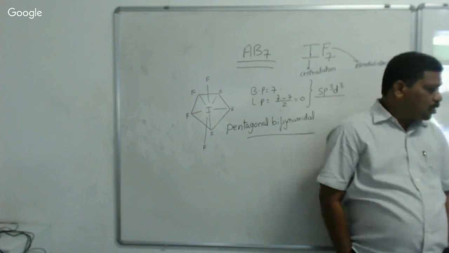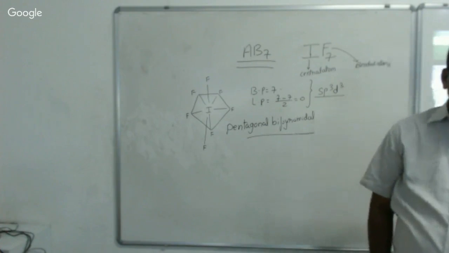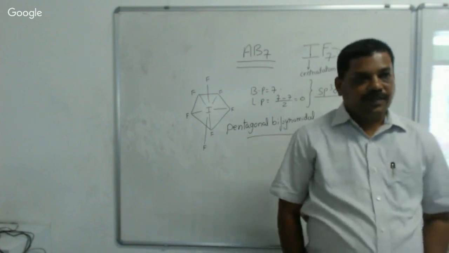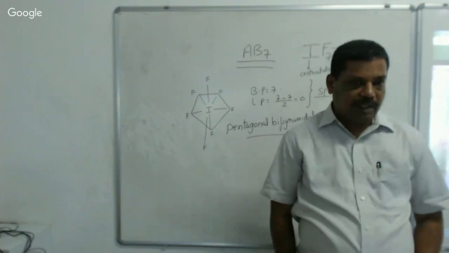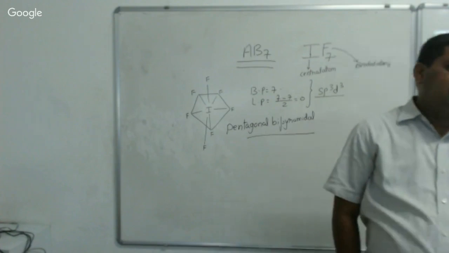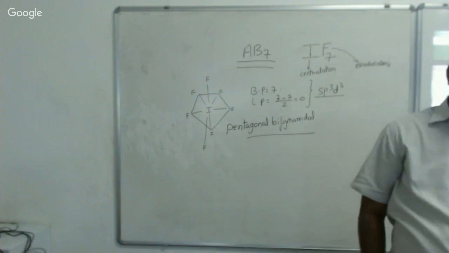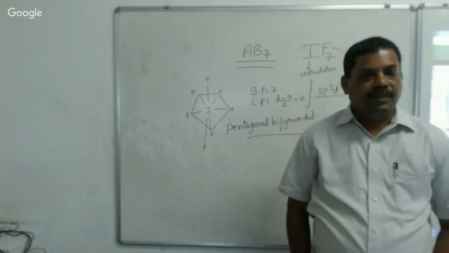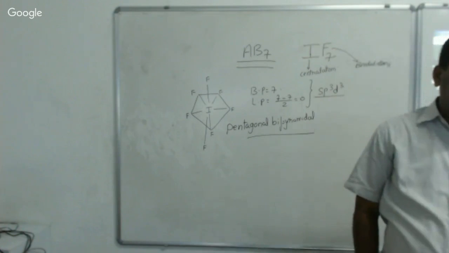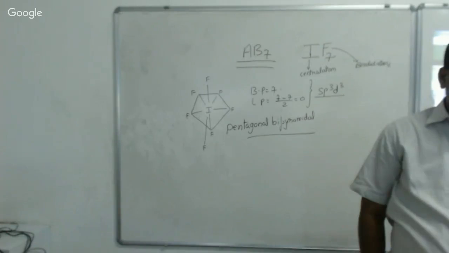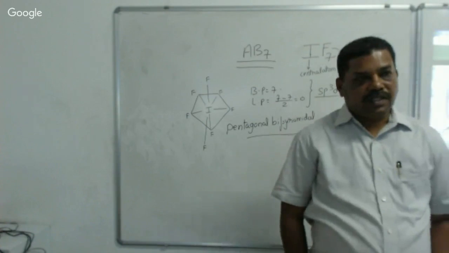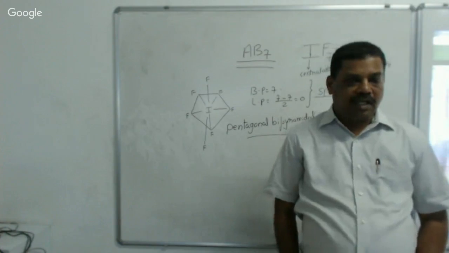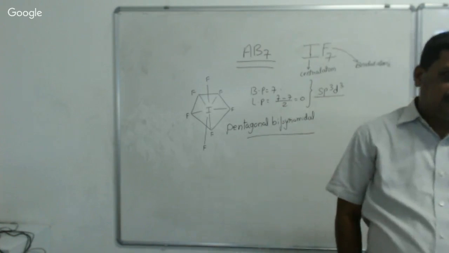Since HF is most polar, it has the highest dipole moment, and HI has the least. HF also has very high water solubility, and HI has the least. Like this, we discussed hydrogen halides when halogens react with hydrogen.